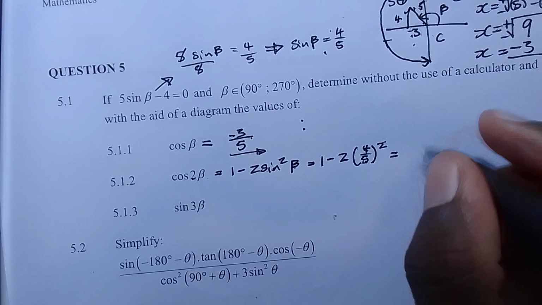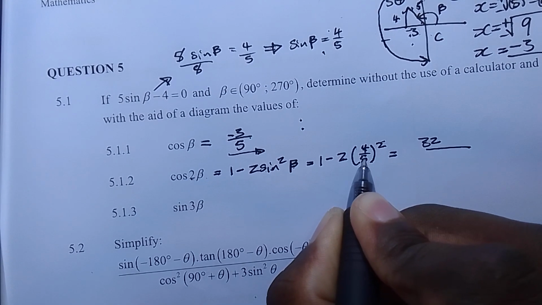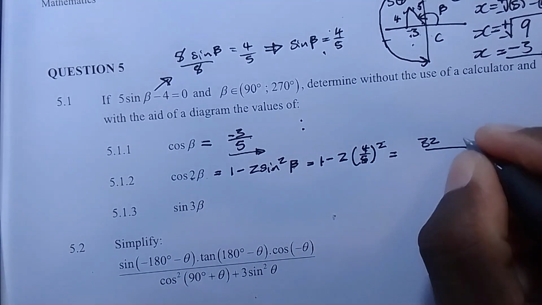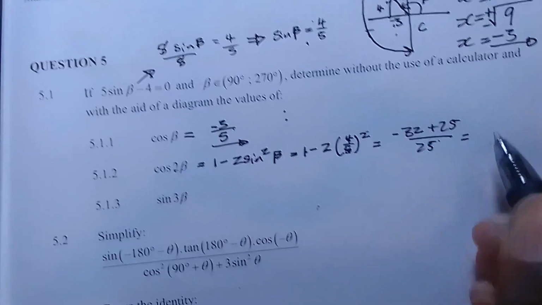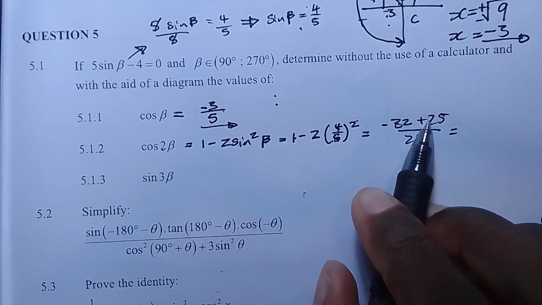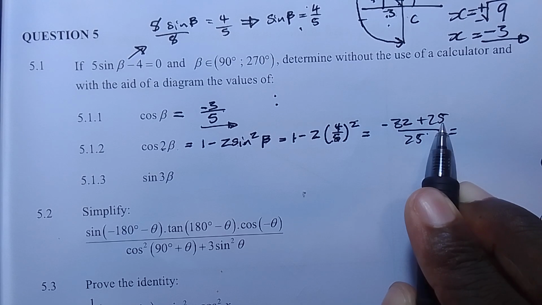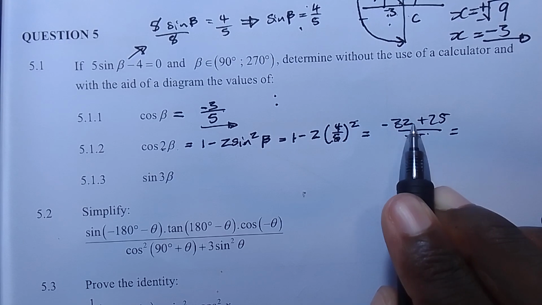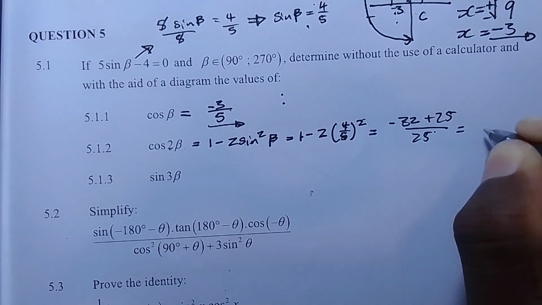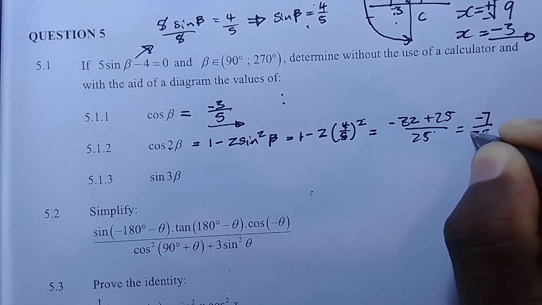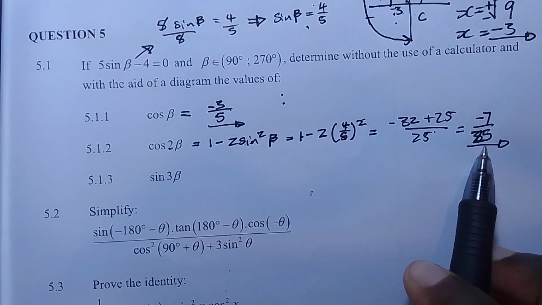That's 16 times 2, which is 32, and underneath we have 25. 25 minus 32 adds up to minus 7 divided by 25. Right, this is minus 7 over 25.